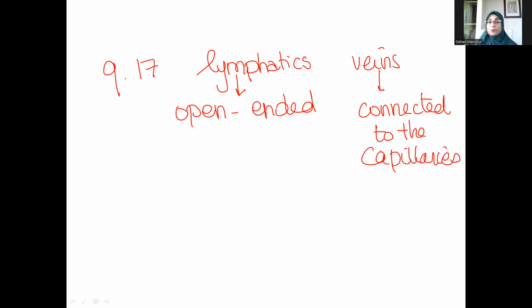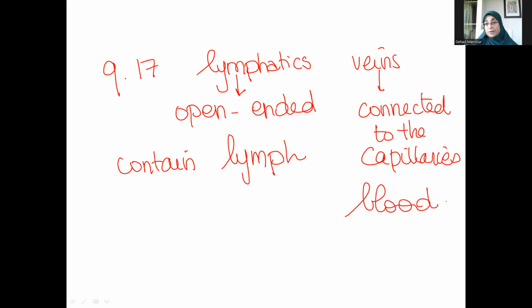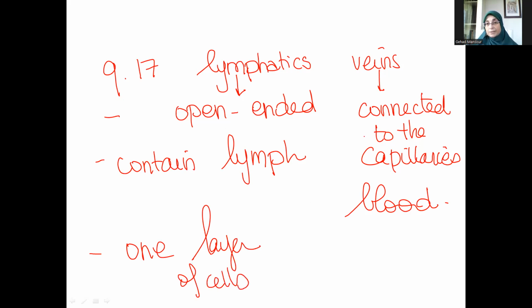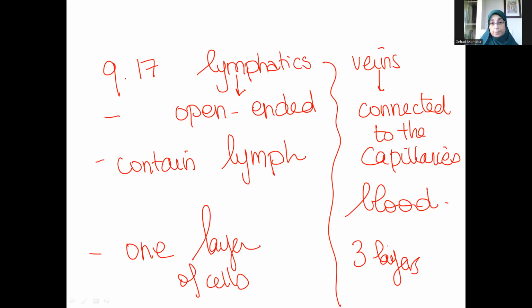The lymphatics contain lymph, a clear fluid full of lymphocytes, whereas the veins contain blood. The lymphatics have walls made of one layer of cells, whereas the veins have three layers: tunica intima, tunica media, and tunica adventitia.